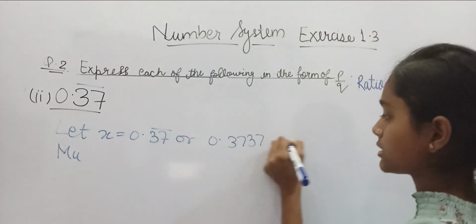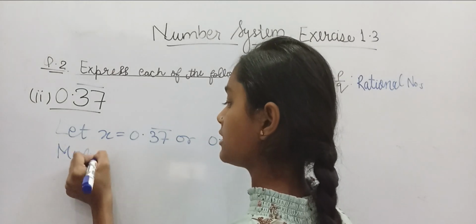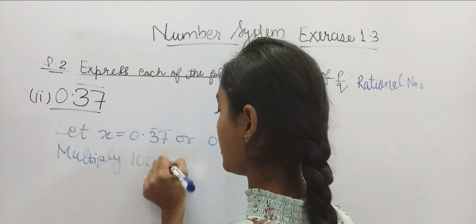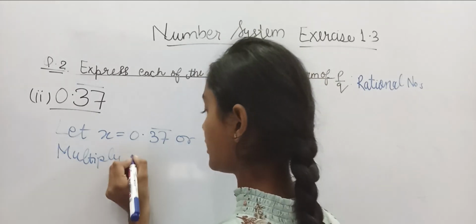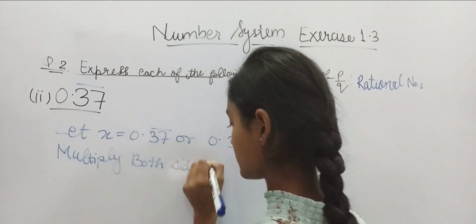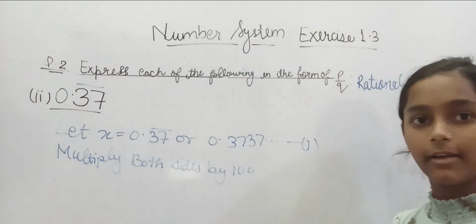This will be the first equation as previously. Now multiply both sides by 100. Why would we multiply it with 100?